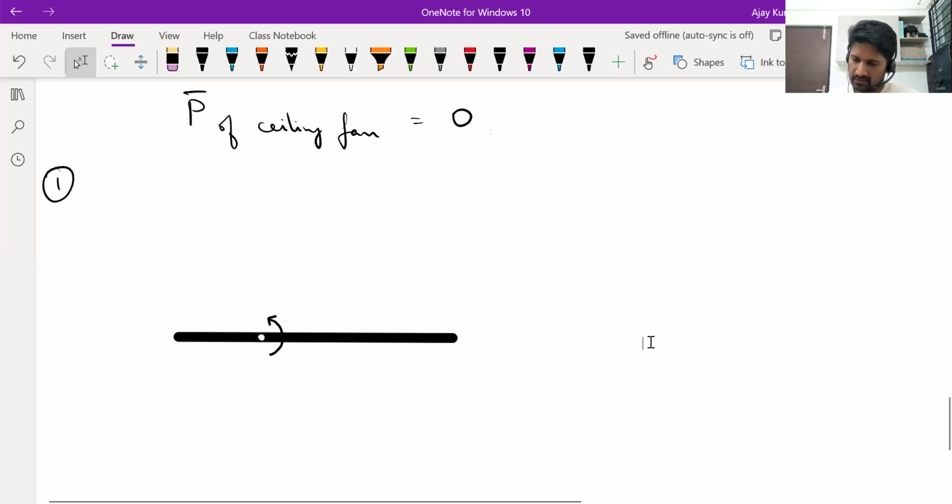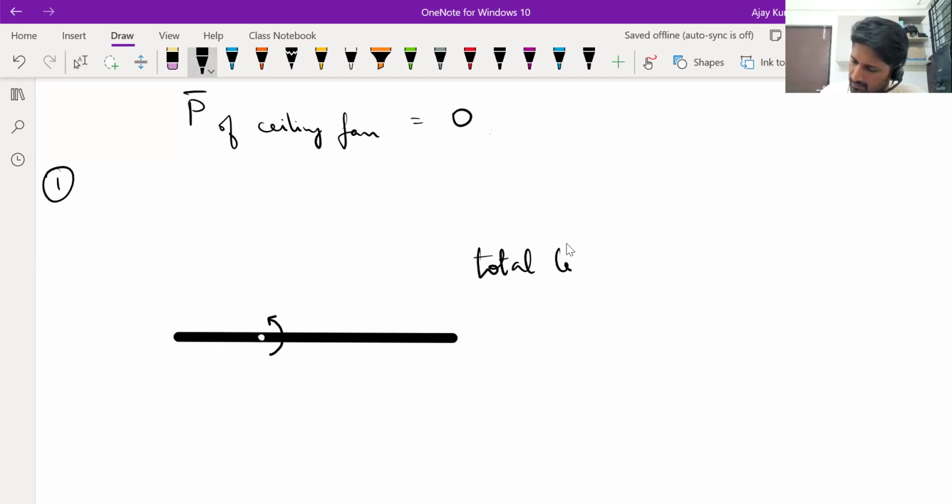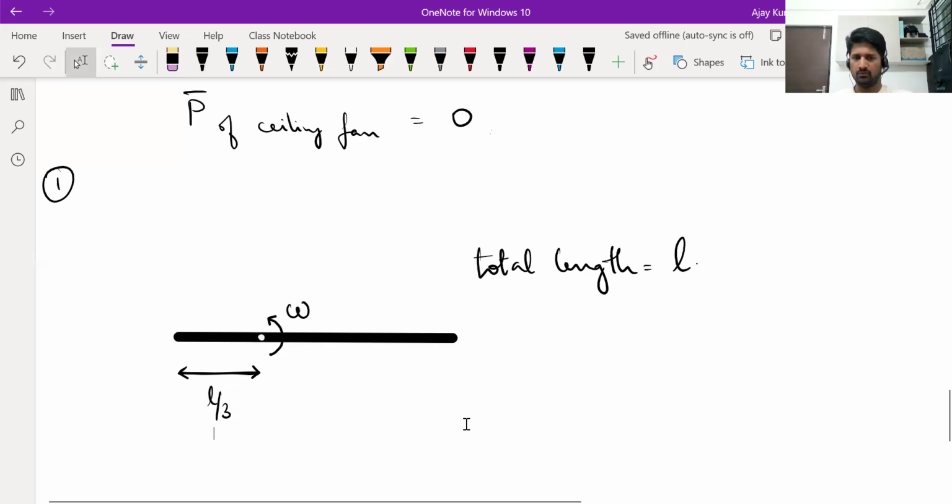So where exactly is it? Let's say the total length of the rod is L. A small, minor calculation only. And the rod is spinning with an angular velocity omega. And where is it pivoted? It is pivoted at a distance of L by 3 from one end. One of you tell me, where is the center of mass of a uniform rod? L by 2. So this pivot is not exactly at the center.